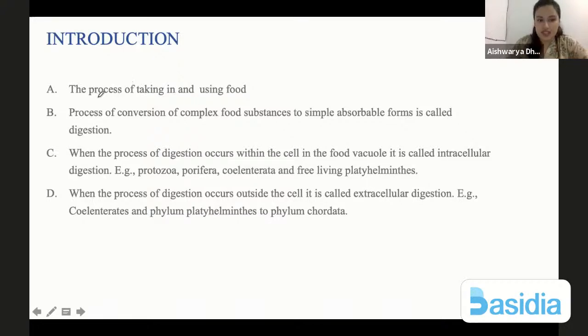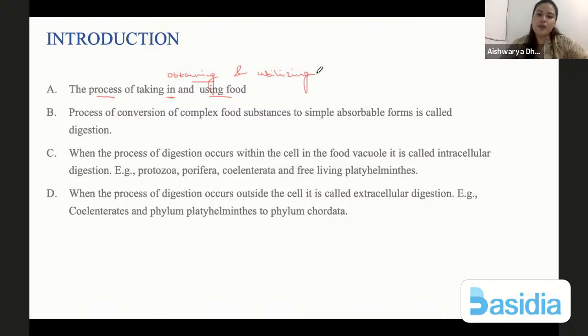Digestion is the process of taking in and utilizing the food that we're eating. So both the things, how we are obtaining the food, how we are eating the food, right? And how we are utilizing that food. Both of them come under digestion.